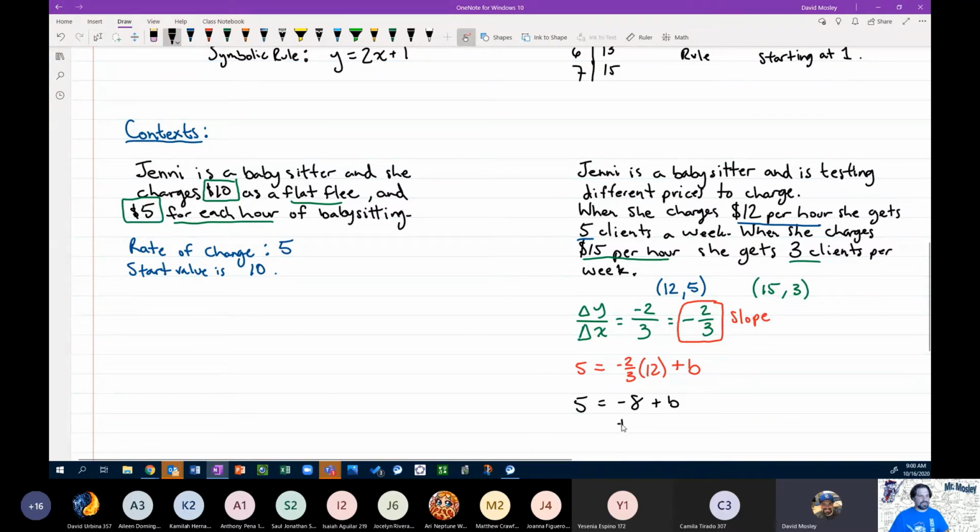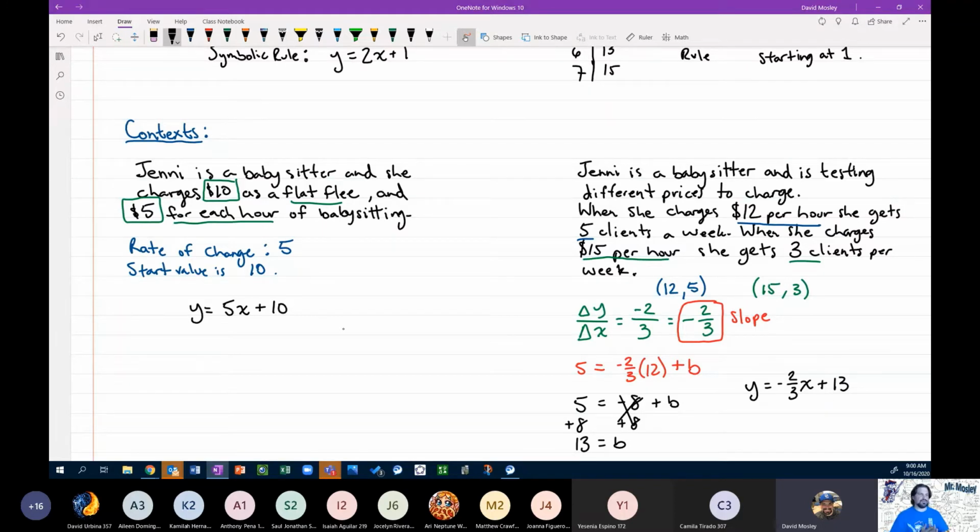We can add 8 to both sides to finish solving this. 5 plus 8 is 13 equals b. Negative 8 plus 8 cancels. So we end up with the rule y equals negative 2/3 x plus 13. So there are these two different types of contexts that we'll have. This one, we end up with the rule y equals 5x plus 10.